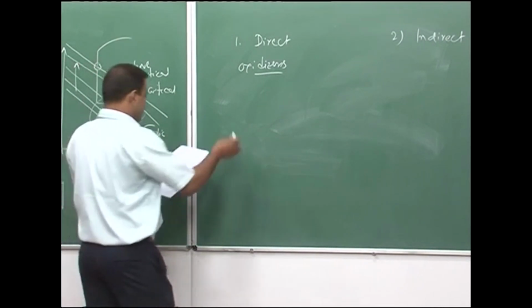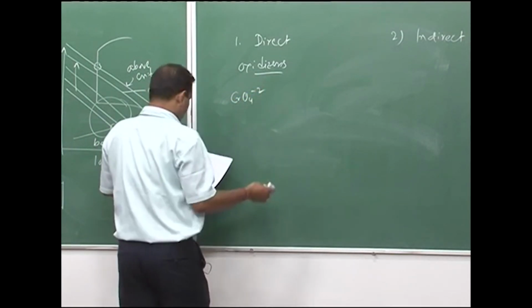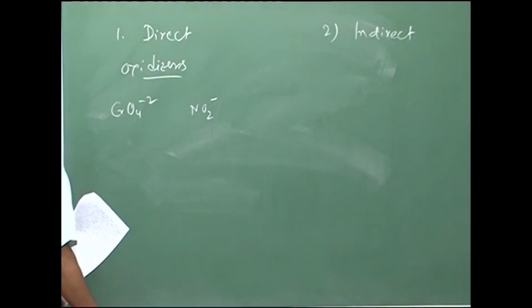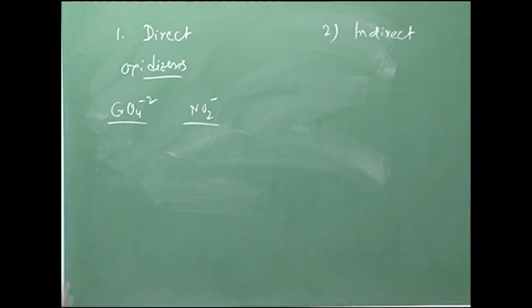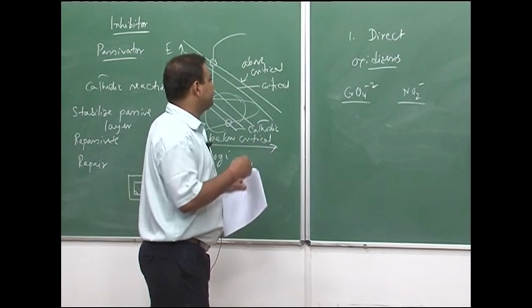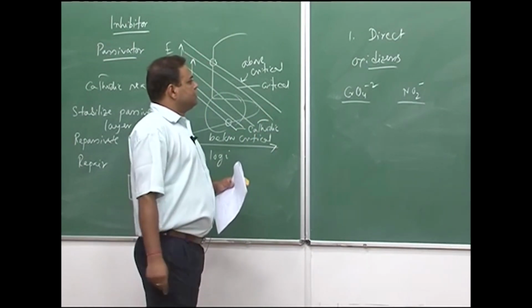For example, we can have chromate or we can have nitrites. These are basically oxidizers and they can combine with the passive film and make the passive film very much adherent as well as impervious.